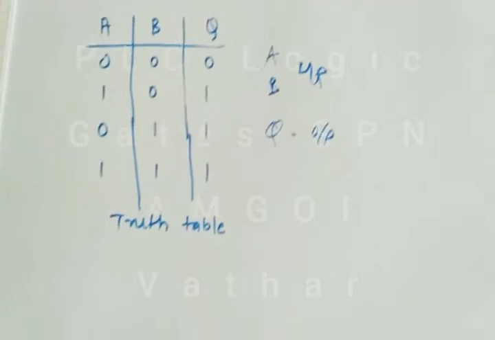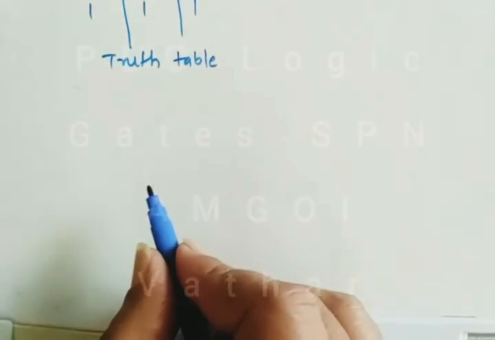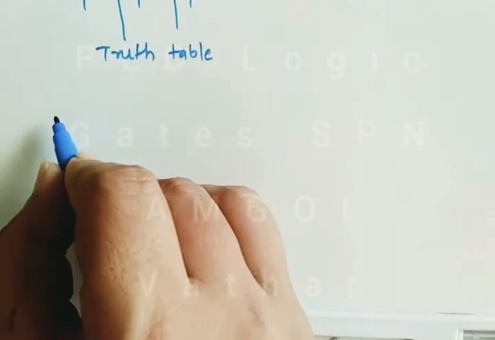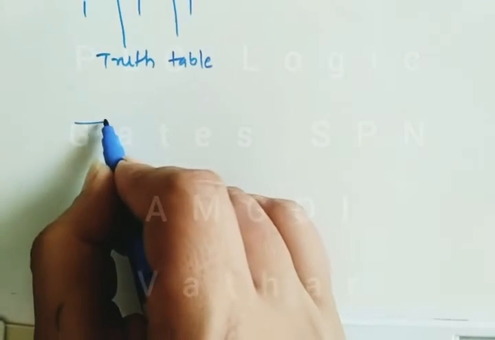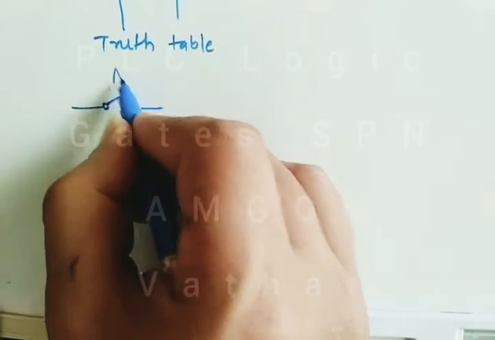Let us realize the OR gate by simple electrical circuit. Here there are two inputs A and B, means we are going to use two switches.